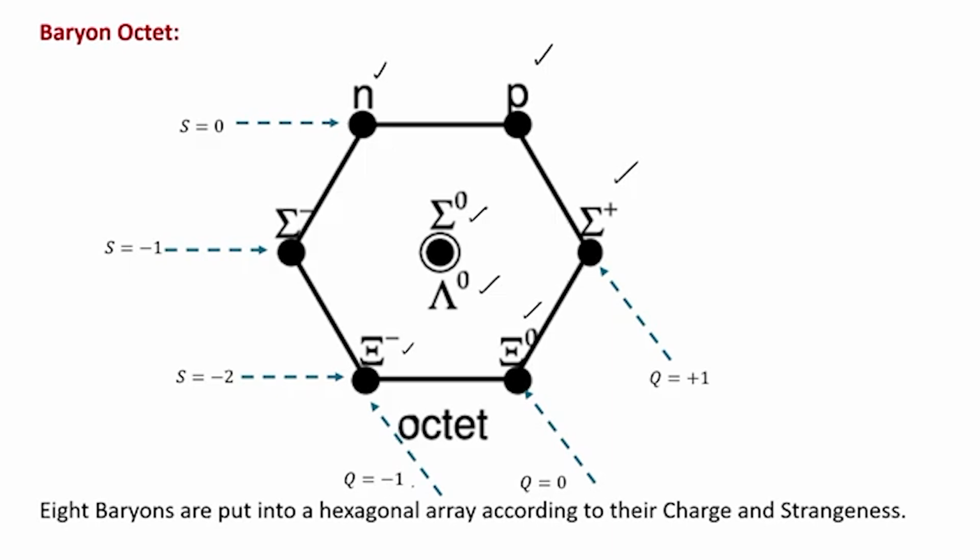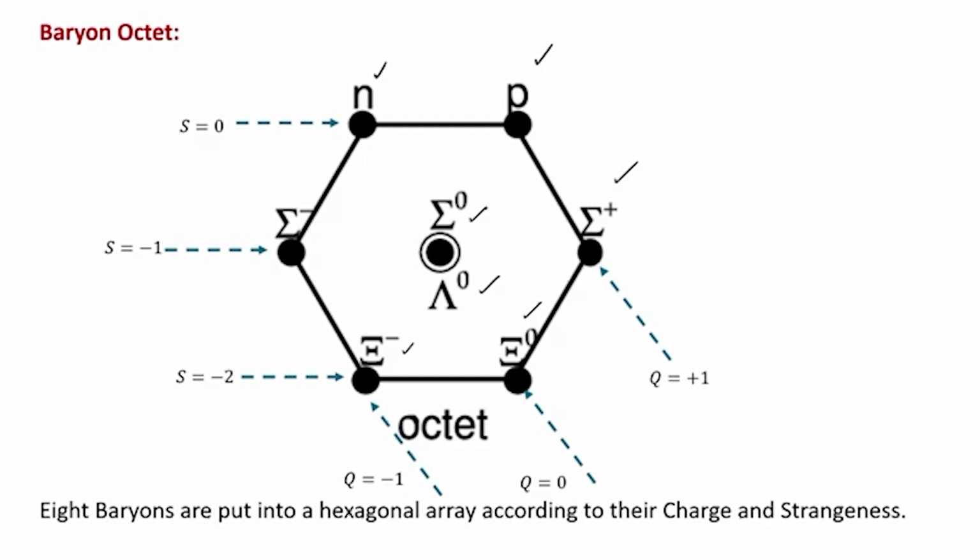Then along this slanted line, the sigma minus and this particle are there, with charge equal to minus 1. The strangeness numbers are 0 for neutron and proton, and on this middle line, the sigma minus etc. have strangeness minus 1, and then there is strangeness minus 2. These are the lightest of the baryons, placed here.